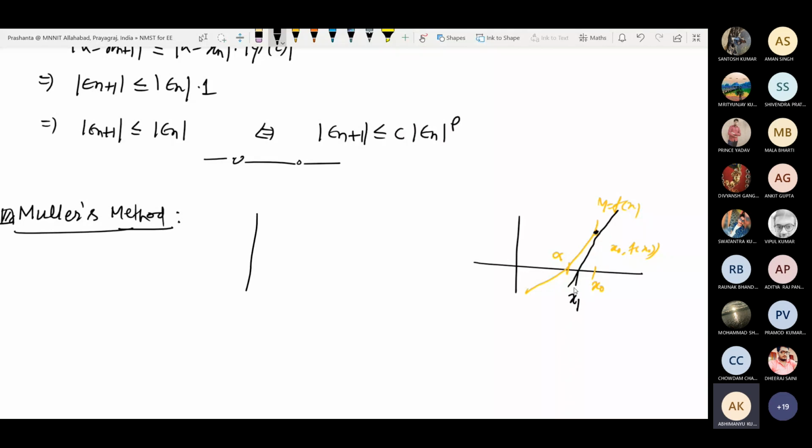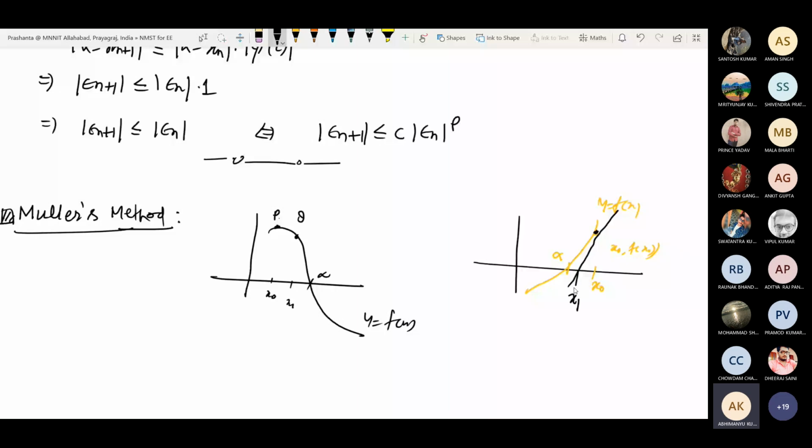What we do in the secant method: if this is the curve y equals f of x, and this is the root alpha, we choose two arbitrary points x0 and x1, and then we draw a chord joining the points P and Q, whose coordinates are x0, f of x0 and x1, f of x1.